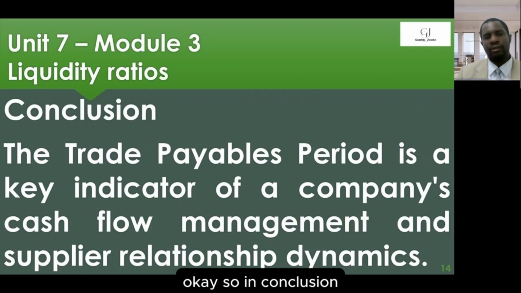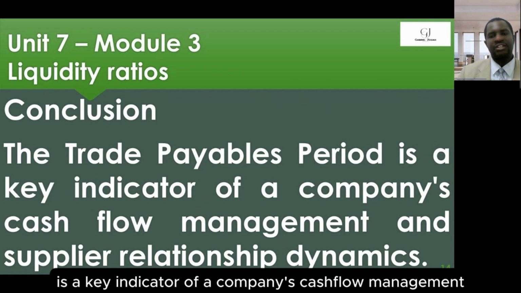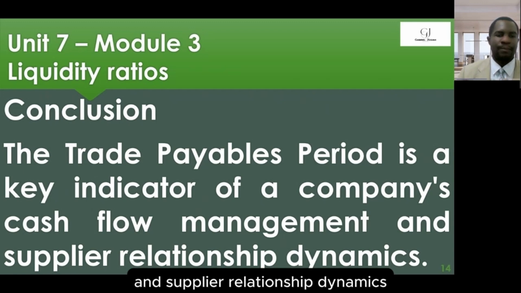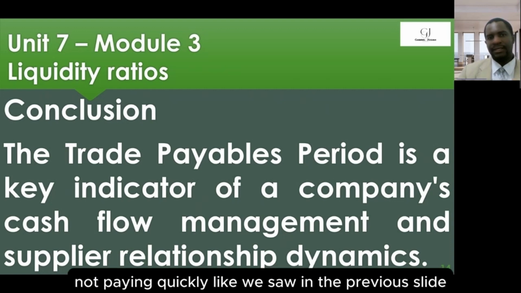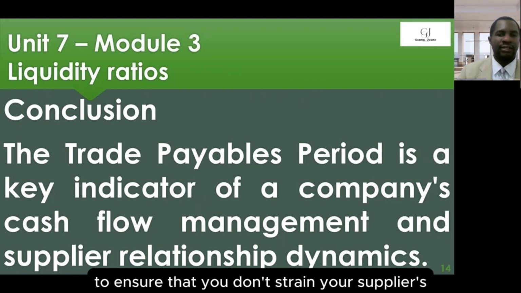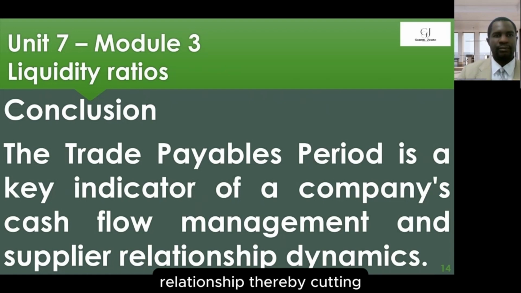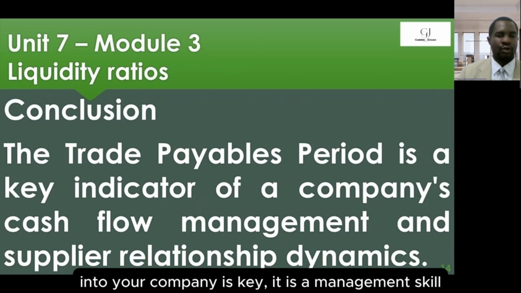Okay, so in conclusion, the trade payables period is a key indicator of a company's cash flow management and supplier relationship dynamics. So being able to manage your cash flow, not paying too quickly like we saw in the previous slide, and also paying as at when due to ensure that you don't strain your supplier relationship, thereby cutting supplies into your company.